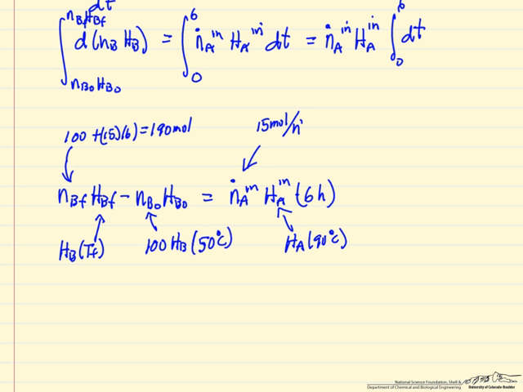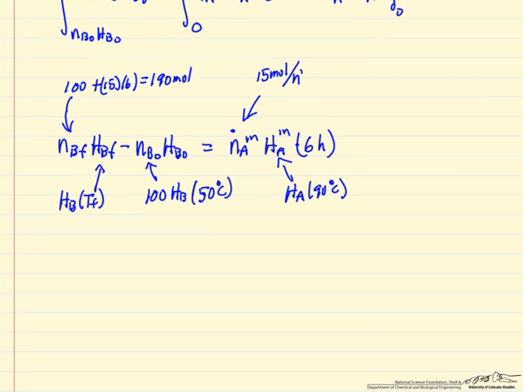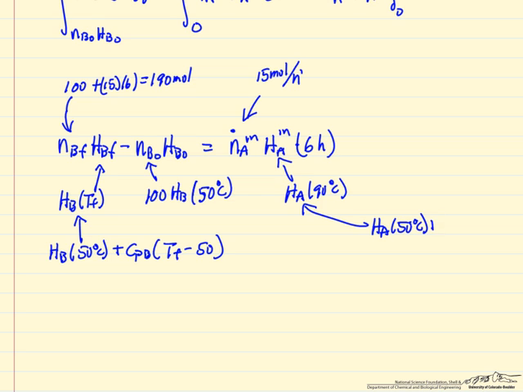So we're going to further write these enthalpies in terms of heat capacities. And we'll pick as our reference temperature 50 degrees C. So the enthalpy here is going to be enthalpy of B at 50 degrees C plus the heat capacity of B times the temperature that is above 50 degrees C. Likewise here, the enthalpy of A will be the enthalpy of A at 50 degrees C plus the heat capacity of A, 90 minus 50.